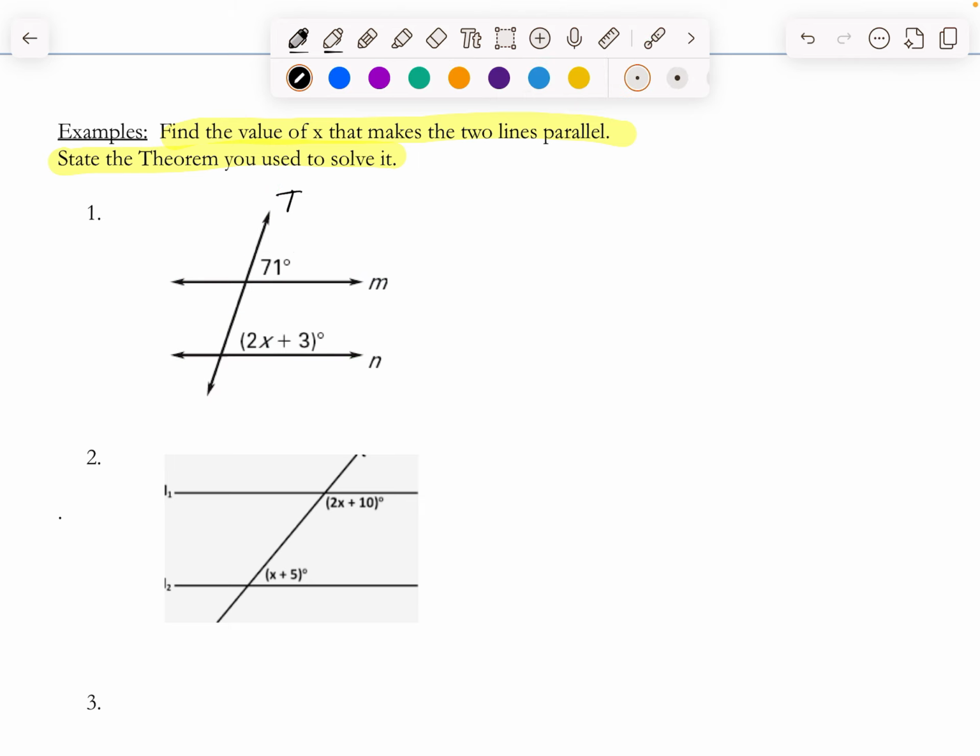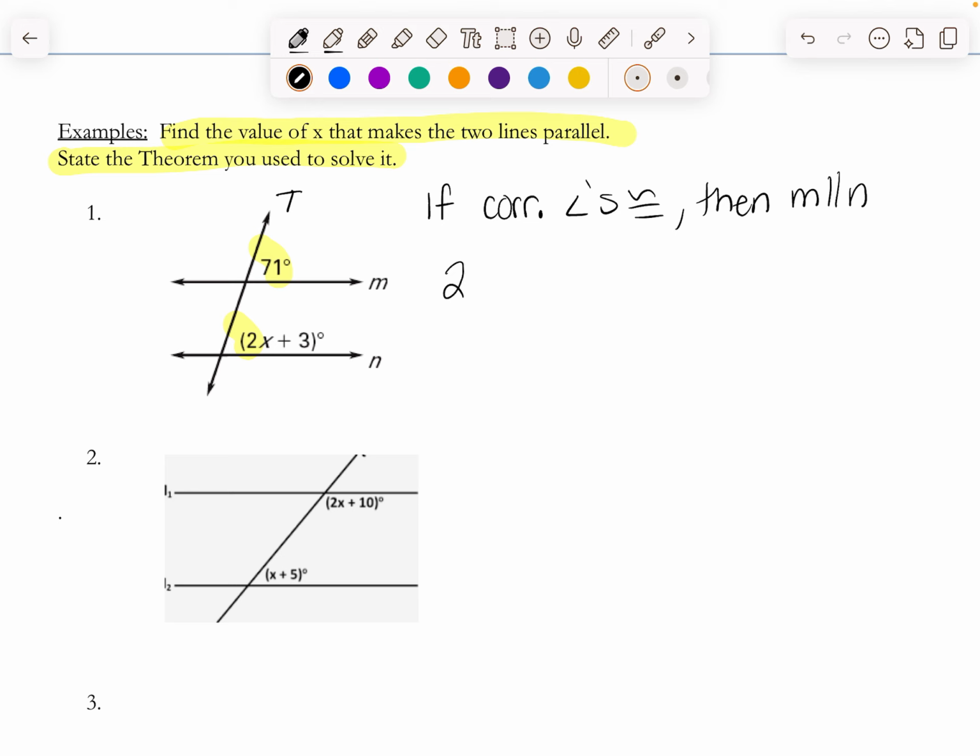So we're going to try to use the corresponding angles converse, which says that if the corresponding angles are congruent, then line M will be parallel to line N. And we know that if we want to make these two angles congruent, they have to be equal to each other.